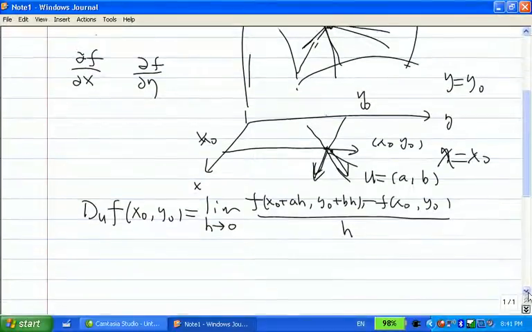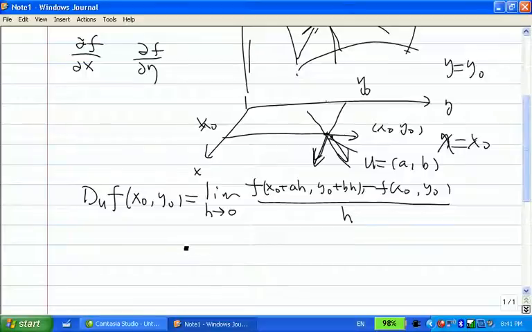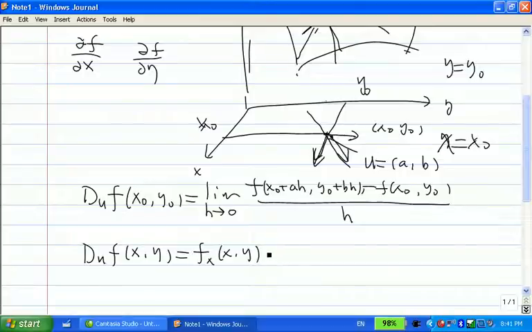I'm not going to prove that, but in fact it can be proved that the directional derivative along direction u at a point (x, y) can be found by this formula: partial f with respect to x at (x, y) times a, plus partial f with respect to y at (x, y) times b. Here u equals (a, b) is a given direction.